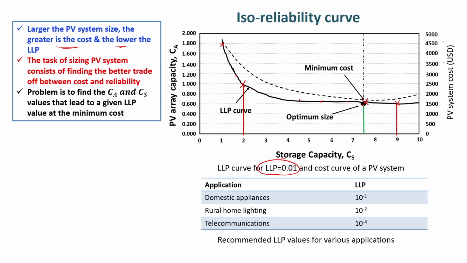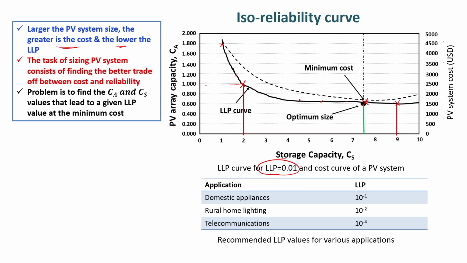Okay. So, this is the curve we have generated, and we can see different points here. Say 2 is the CS value, and correspondingly you can say close to 1. That means at this condition, the proposed reliability is achieved by having a big generator and a small storage capacity, right?